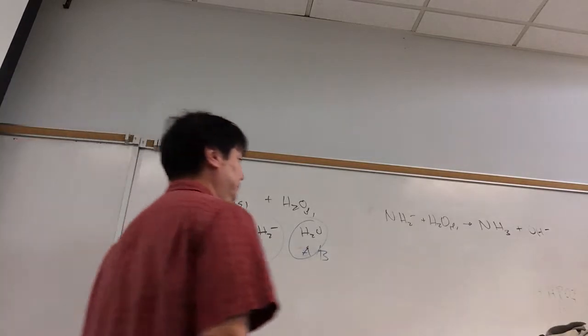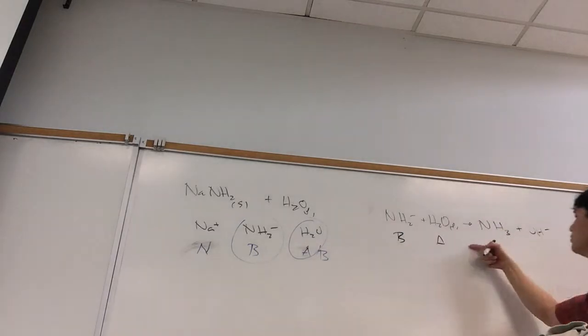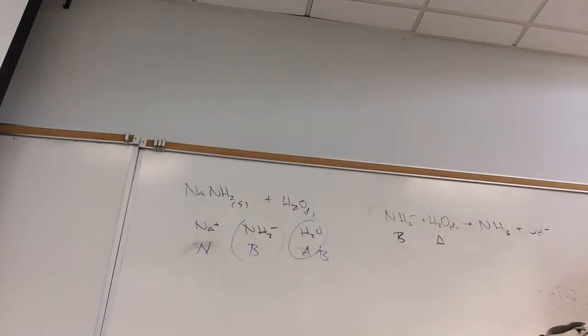And so here, this is our base, this is our acid. Going backwards, what's our base, what's our acid? Ammonia is our base. No, ammonia is our acid. Normally we think of ammonia as a weak base, and in the context of this reaction, it's not a base. It's an acid because we're reacting it with something more powerful, and that would be hydroxide.